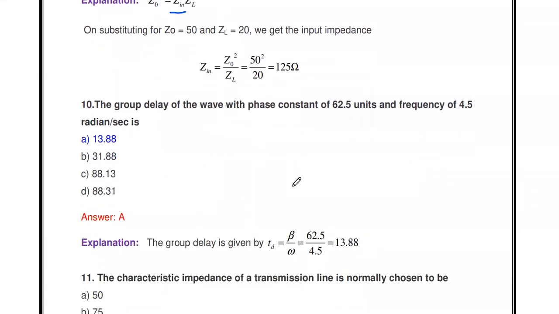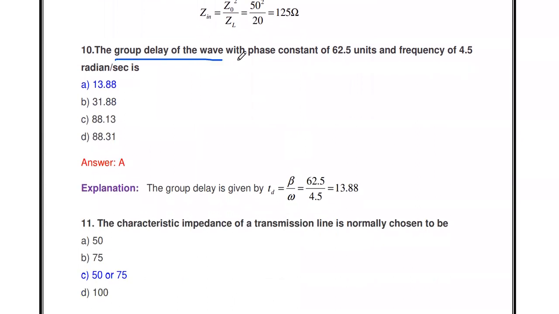Okay, then the next question: the group delay of a wave with phase constant 62.5 and frequency 4.5 radians per second. So what does the question mean? We have to find the group delay of the particular wave. Phase constant, you know, is beta. The beta value is 62.5 and the frequency is 4.5 radians. Radians means this is not f, this is omega.